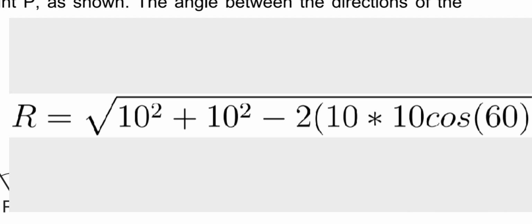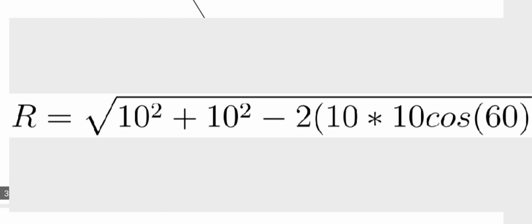So this gives you your value of R to be the square root of 100. Therefore, R is equal to 10 newtons. So our value of R is 10 newtons, which is B.